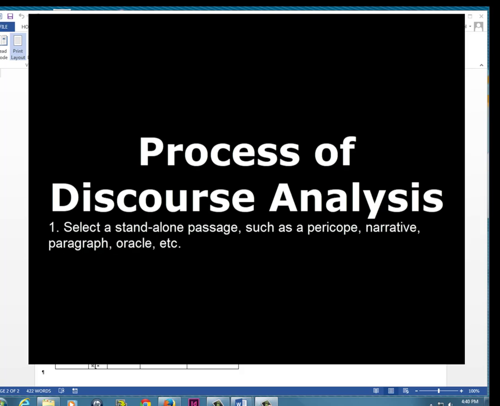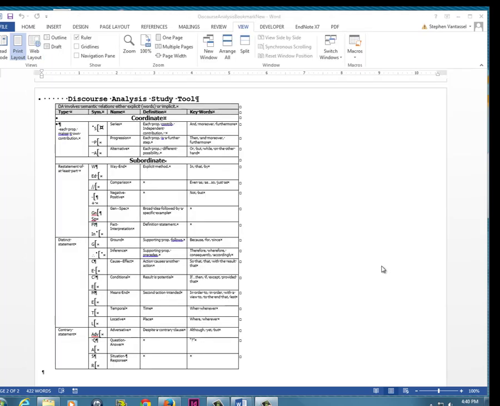And you are trying to understand how do these ideas relate to each other in the goal of looking for what is the key point that the author is trying to drive home, as well as discover the subpoints.